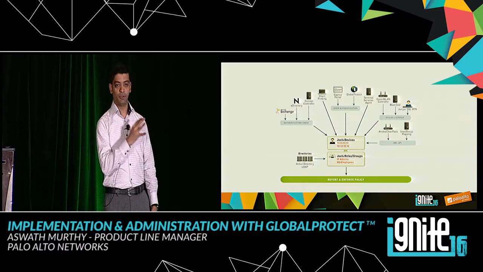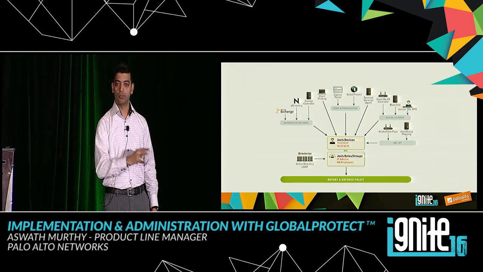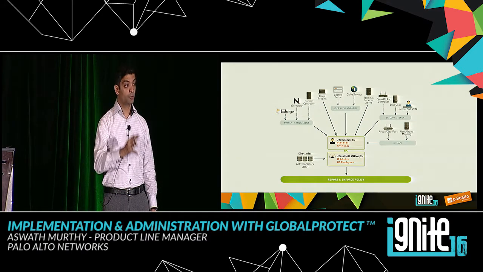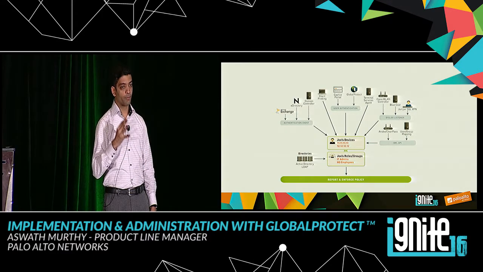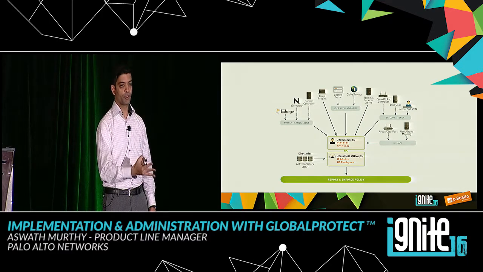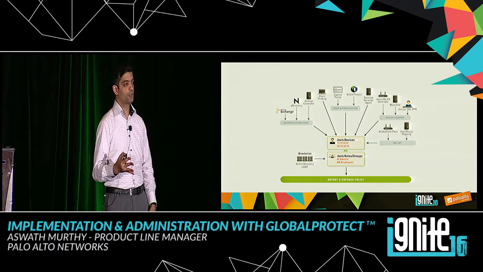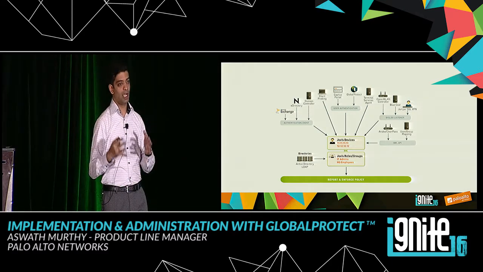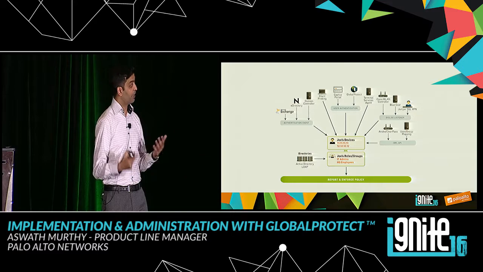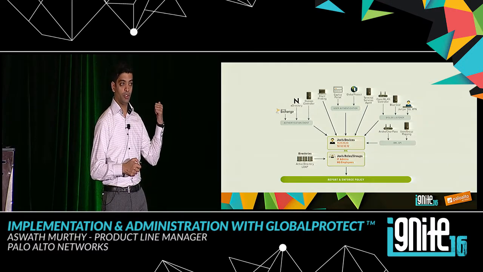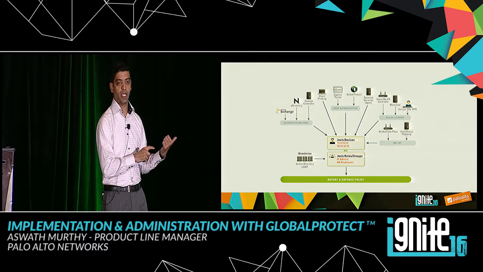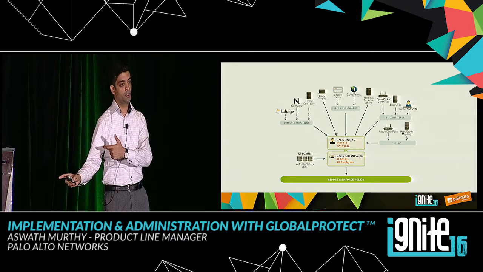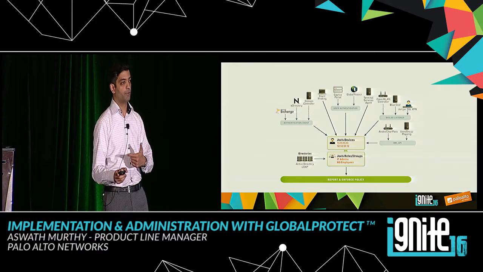Every single time you have a user coming in, be it internal or external, and you have GlobalProtect in use, you're forcing authentication. If you're forcing authentication, you have reliable user ID. So you don't have to go scrape domain controller logs. You don't have to receive syslog messages from somewhere else. It's just there, and it just works. So to the extent that you can, we'd certainly urge you to use GlobalProtect to drive user ID adoption and to move to user ID enforcement because you get reliable, consistent user ID at all times.